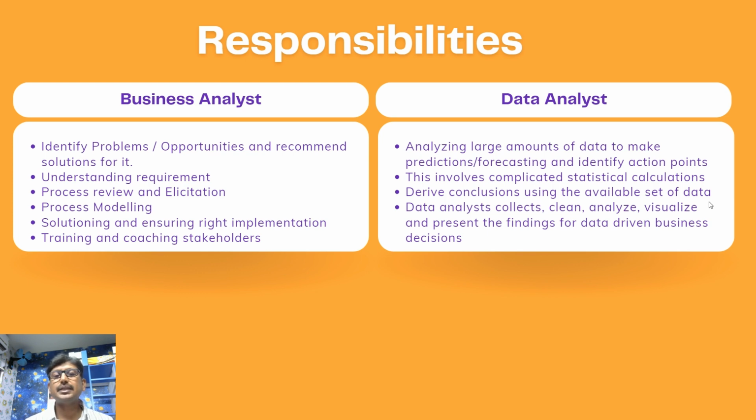That process is called elicitation, and after capturing all the required information, they proceed with process modeling. Process modeling is nothing but using the collected information to prepare a flow chart, BPMN, or use case modeling, so that we can present it to the stakeholder, verify it, and then proceed with solutioning and propose some kind of solution. After that, they work with the development team to ensure how the solution will be implemented on the ground.